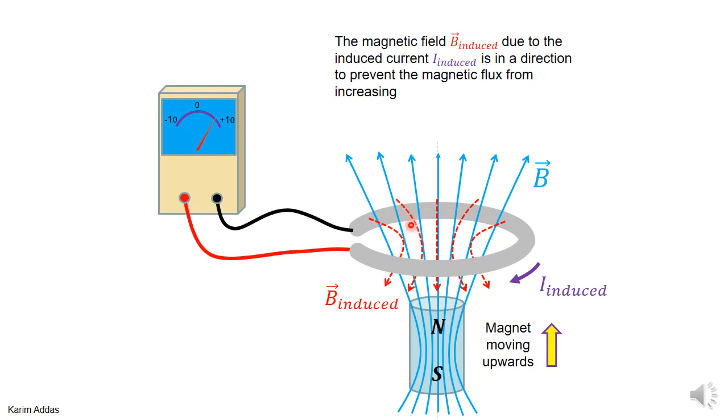You can go back to the previous chapter to remember how we found the direction of the magnetic field, knowing the direction of the current. So it's as if the induced magnetic field is trying to prevent the magnetic flux of the original magnetic field from increasing, because as you move the magnet upwards, the magnetic flux through the loop is getting bigger. So it's as if the induced current wants to make a magnetic field to prevent the magnetic flux from increasing. And this is the fundamental idea behind Lenz's law, which we'll discuss in the next file.